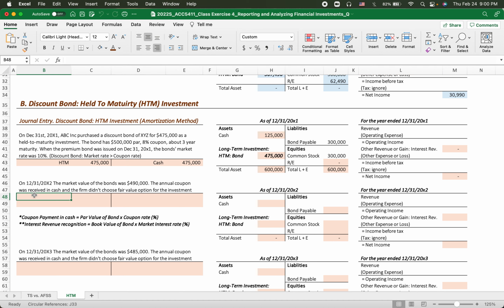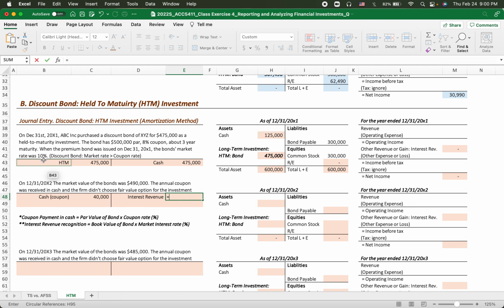Because when you calculate cash, which is the coupon received, how much is that? 500,000 is the par value times 8%, which is the coupon. So $40,000 coupon, but the interest revenue we record must be greater than this coupon amount because the market required 10%. The market rate was 10%, which is greater than the coupon rate, right?